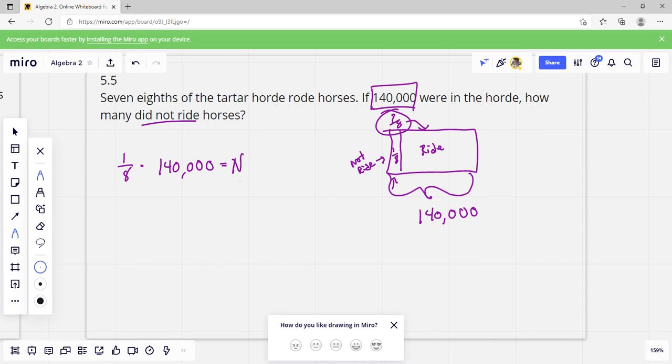Okay, and so we just multiply those, right, because they're on the same side of the equal sign. So 1/8 of 140,000 really means divided by 8, right? So we've got 1/8. That means we divided this into 8 parts. 1 times 8 is 8. 14, 6 and 8 is 14. 60. 7 times 8 is 56. 8 times 5 is 40.